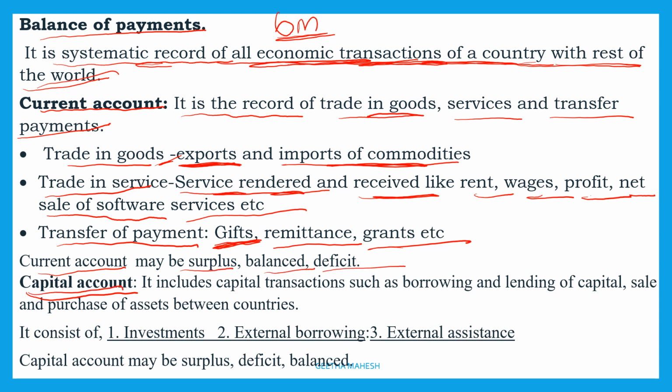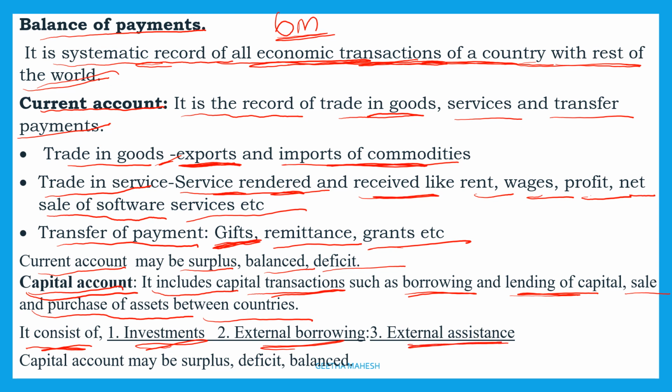Come to capital account. Capital account includes capital transactions such as borrowing, lending of capital, sale and purchase of assets between the countries. It consists of investments, external borrowing, external assistance. Even capital account can be a surplus, deficit or balanced.